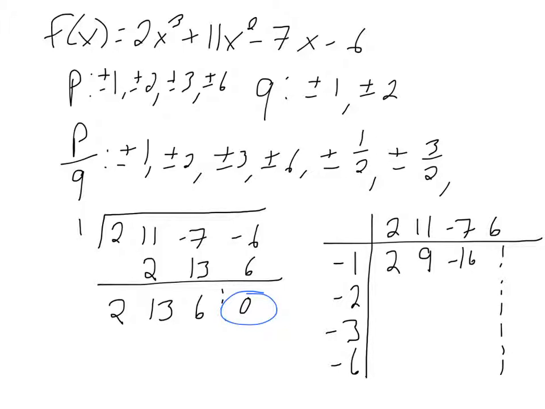And lastly, negative 1 times negative 16 is positive 16, and 6 gives me 22. And so the remainder is not 0. Just going to try and line this up a little better. That's actually lined up pretty well.